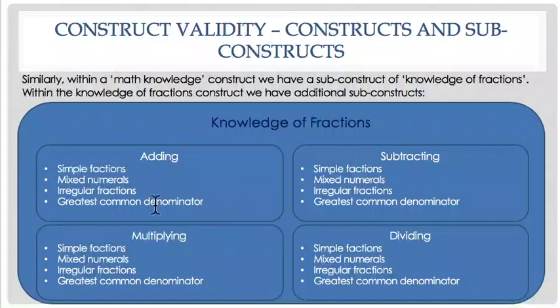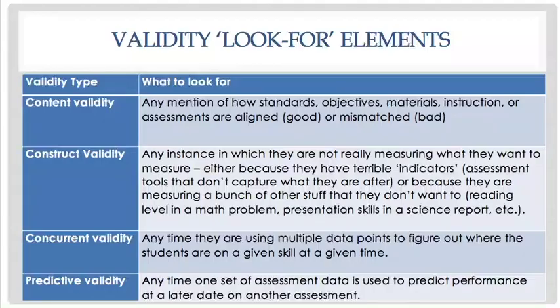Don't have time. Takes too long. I'm still measuring the right construct. Everything on the test is about the construct, but the content isn't there. I have a gap in my coverage, right? Say that I left out two of these, and I basically just had simple and mixed numbers. Again, construct validity is fine, but content validity is low.